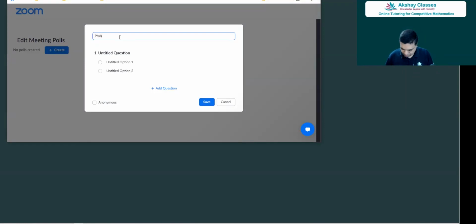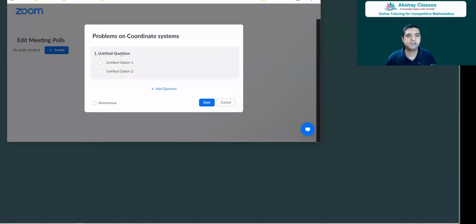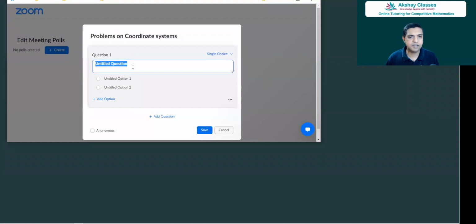Okay, problems on coordinate systems. Only in this problem I cannot define square root, and I'll not be able to write with this one. But anyway, let's try.